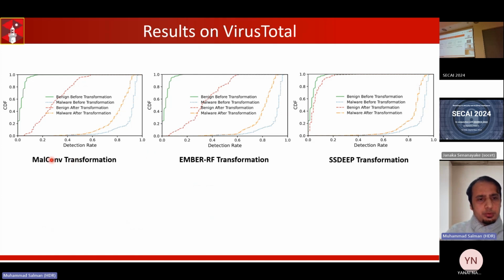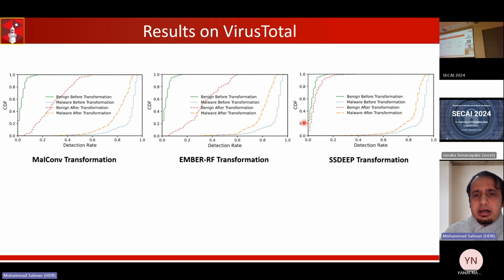On the Markov targeted transformed binaries, the malware detection before transformation, which can be seen in the blue lines, was reduced to the line shown in the yellow dotted lines. Similarly, for the Ember RF, we can see that the original detection rate in the blue line was reduced to the yellow line, from 0.6 to 0.4. Similar cases with the SSD transformation.